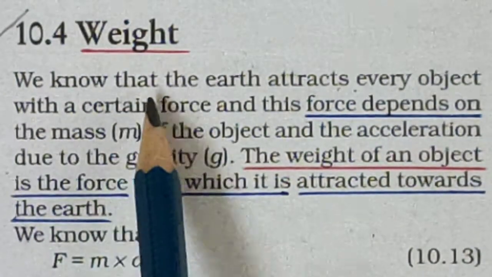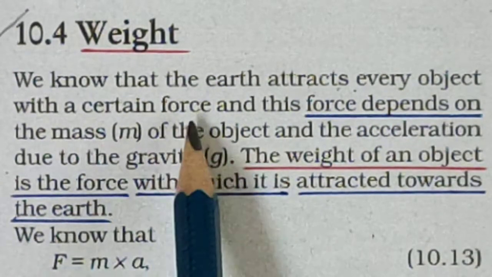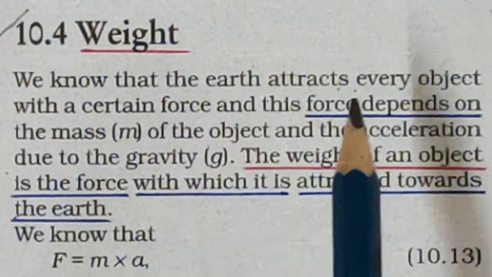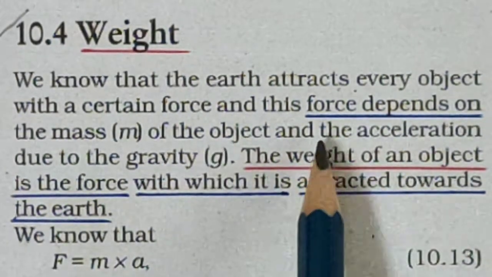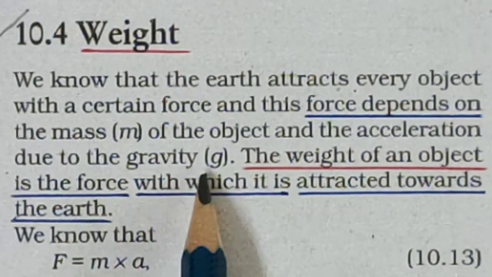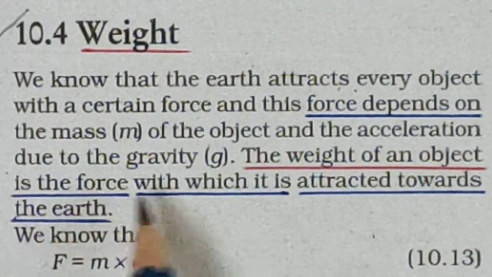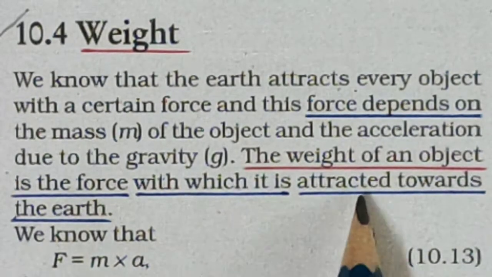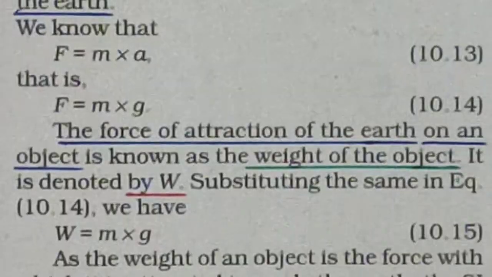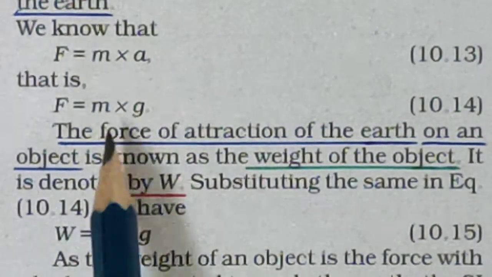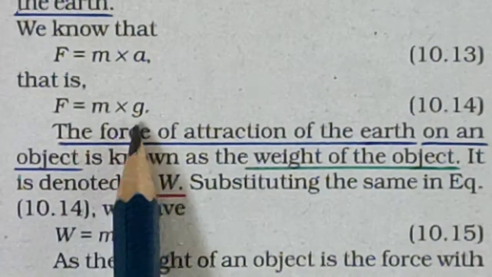Weight. We know that the earth attracts every object with a certain force, and this force depends on the mass m of the object and the acceleration due to gravity g. The weight of an object is the force with which it is attracted towards the earth. We know that F is equal to ma, that is, F is equal to mg.